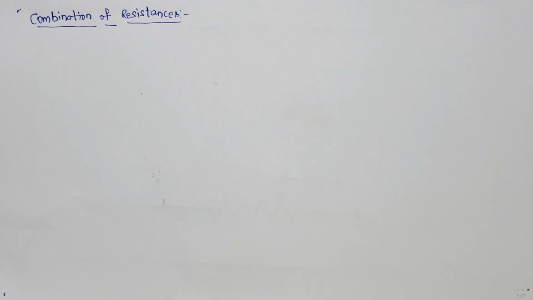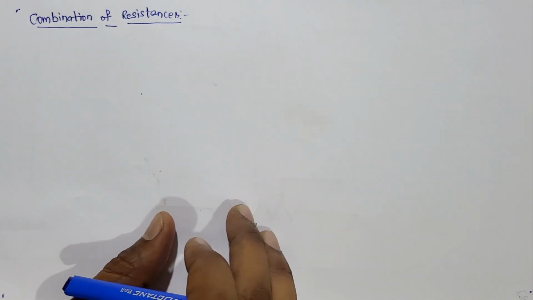Afterwards I will take some previous year questions that were asked in the board examination. The video is going to be a bit lengthy, but believe me, after completing this video, you are not going to have any doubts regarding combination of resistance at any point of time. All your doubts will be cleared. So now, let us start the video.